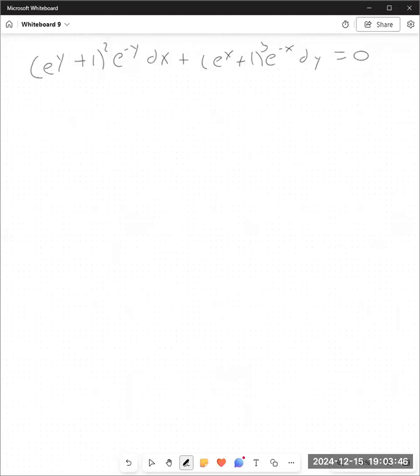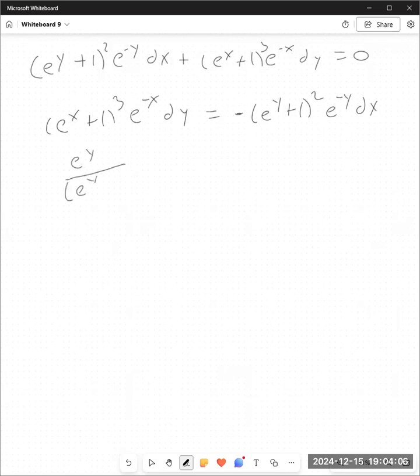Actually, let's make this (e^x + 1)^3 e^(-x) dy equal to negative (e^y + 1)^2 e^(-y) dx, so that I can get my y things on the left and my x things on the right.